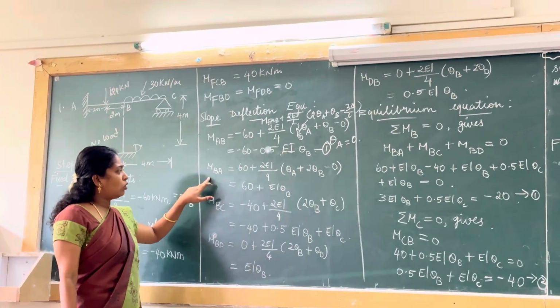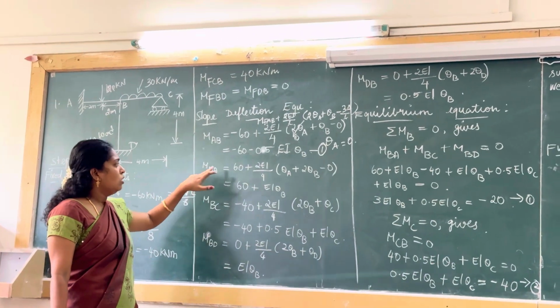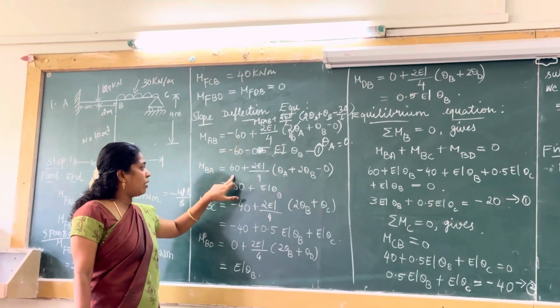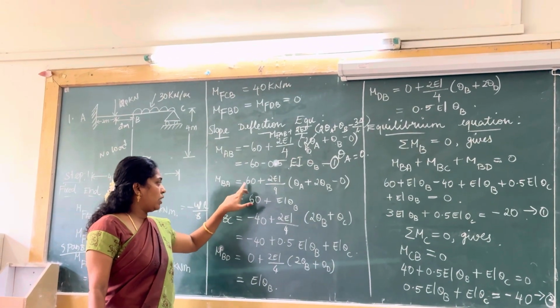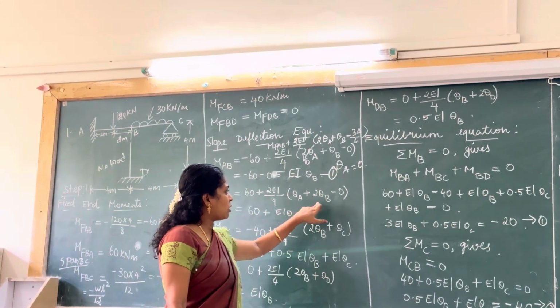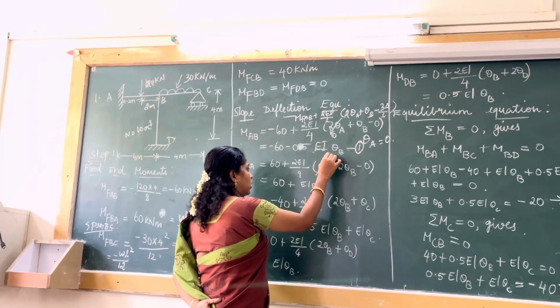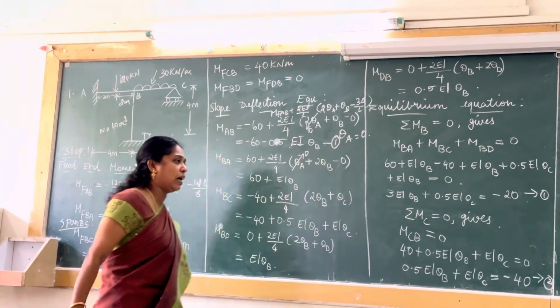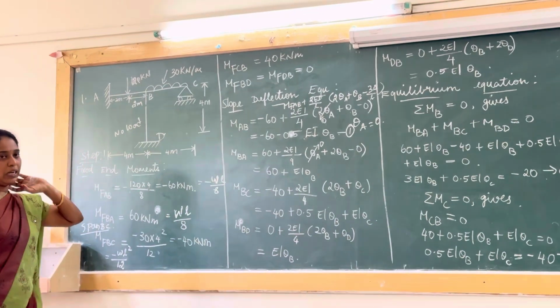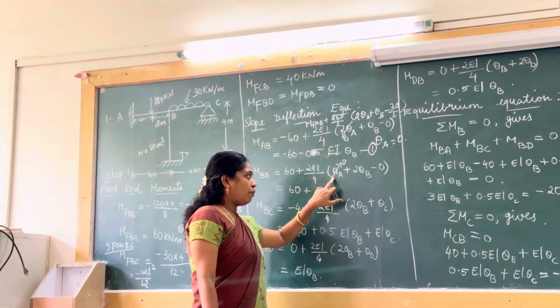And then we are going to find the slope deflection equation for BA. With the same formula we are getting the equation as 60 plus 2EI by 4 into theta A plus 2 theta B minus 0. Here also the theta A value is 0 because it has a fixed support. At the fixed support the slope will be 0.